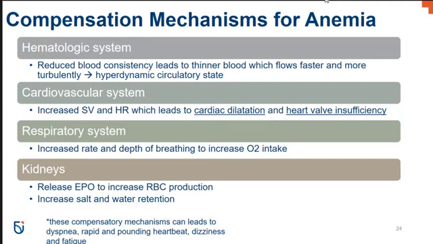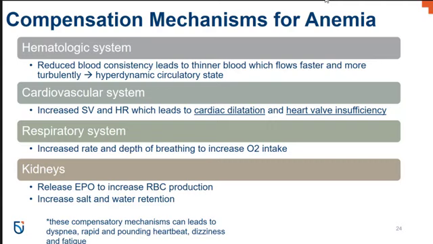Now, looking at the top here, and our kidneys as well, which we'll look at last, but with the hematologic system, one of the issues that we will see in somebody who's anemic, remember, in many cases of anemia, they have less red blood cells circulating throughout their body.